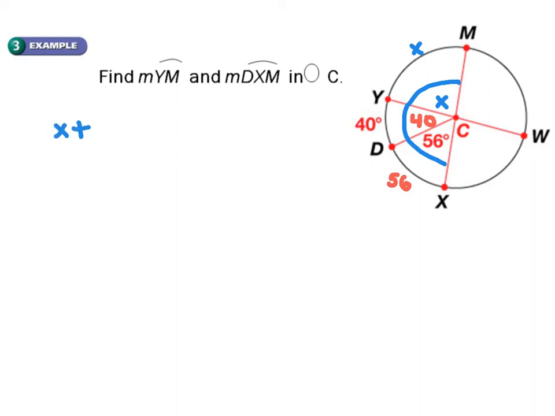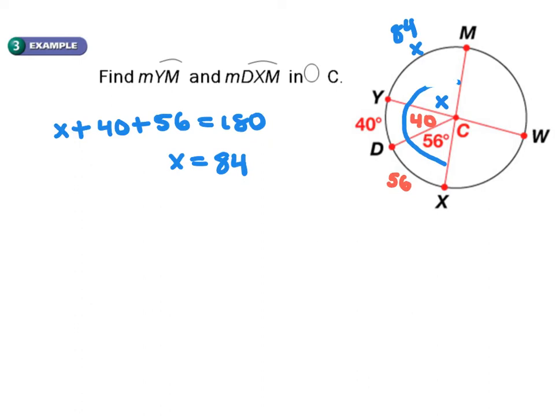So you say x plus 40 plus 56 should equal 180. And if we solved, we'd have 180 minus 40 minus 56 should give you that x equals 84. Which means that this arc should equal 84.